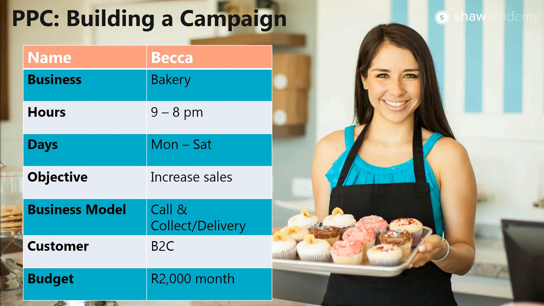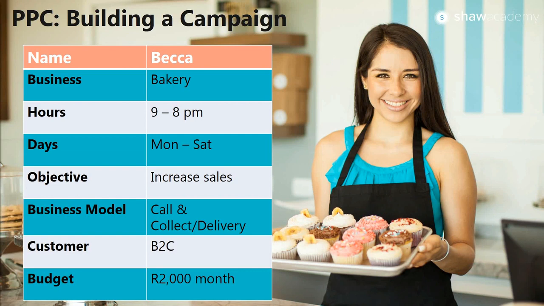Okay, so let's say we're digital marketers now, and Becca's one of our clients, okay, or she's someone that's looking to get us to run some text ads for her. Okay, so she owns a bakery, okay, specializing in cake, and her hours are from 9 a.m. to 8 p.m. Her days are Monday to Saturday.